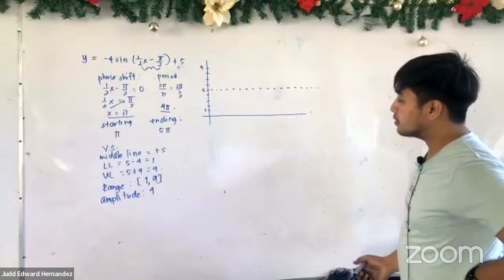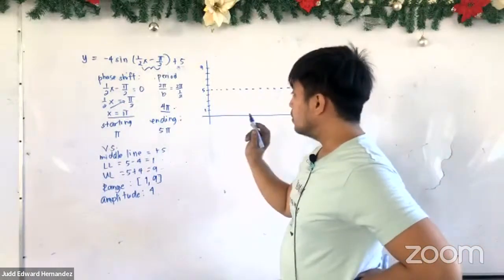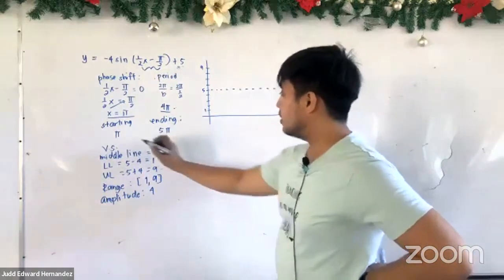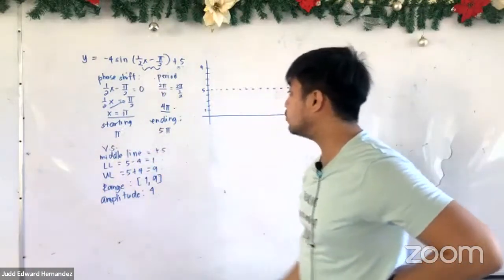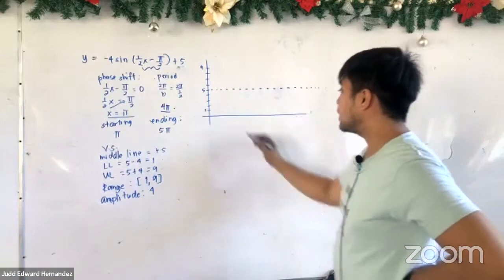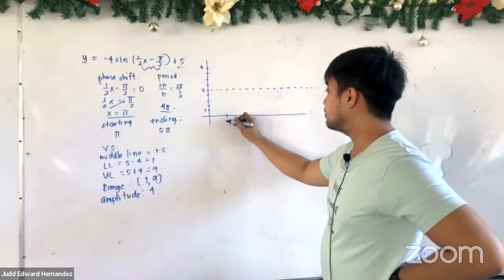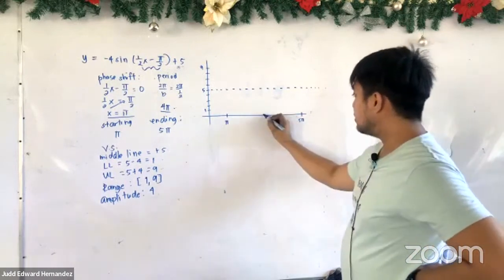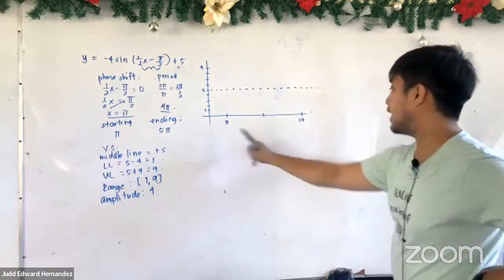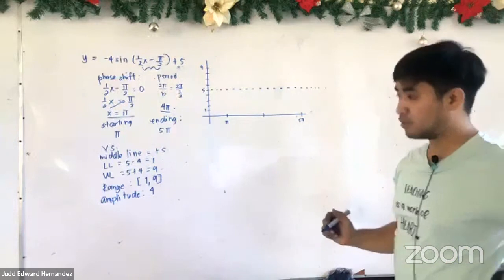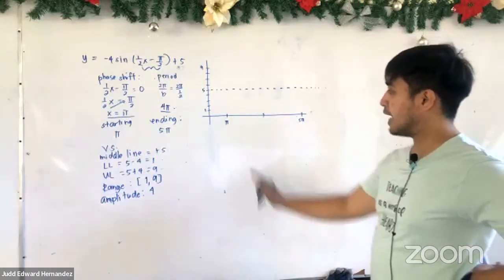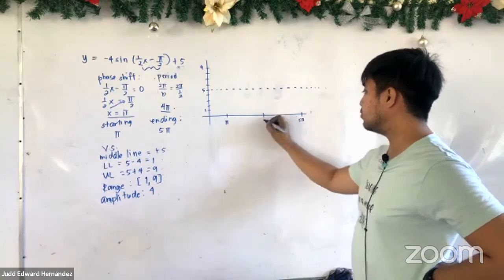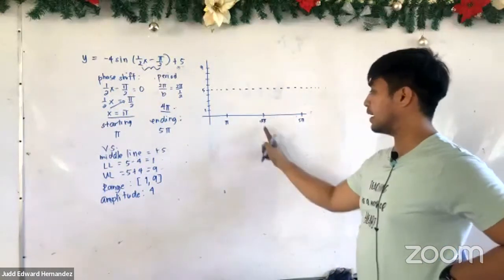So after that, we now need to graph the x coordinates starting with pi, ending with 5 pi. Assume that this is pi and this is 5 pi. What is the middle value from pi to 5 pi? It is the midpoint. Add pi plus 5 pi is 6 pi divided by 2, which is 3 pi.